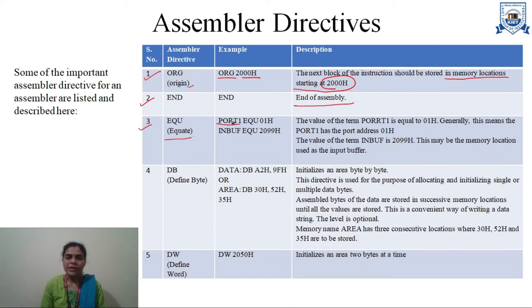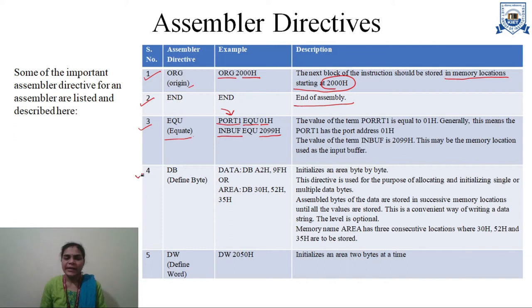So here you can see that PORT1 is equal to 01 in hexadecimal. Here we are assigning the value 01 to PORT1. Or we can assign some address. Here we are assigning the address 2099 to the INBUFF variable.